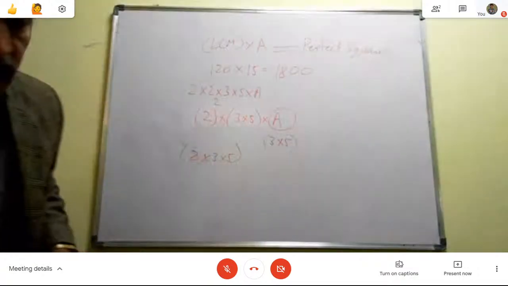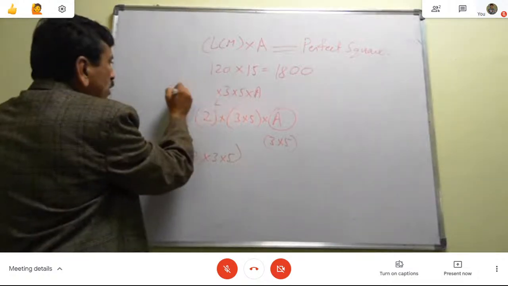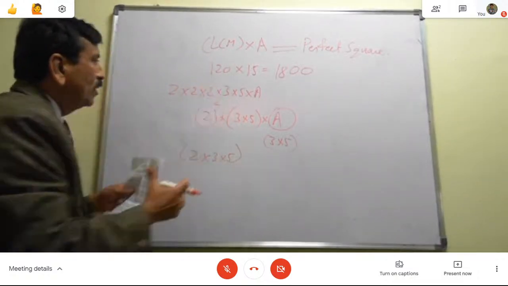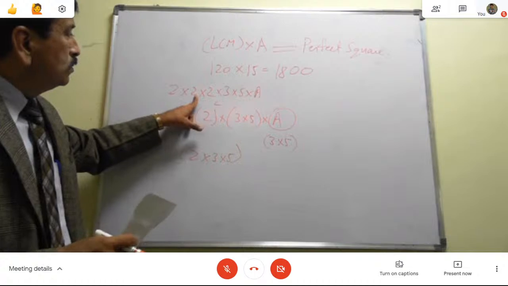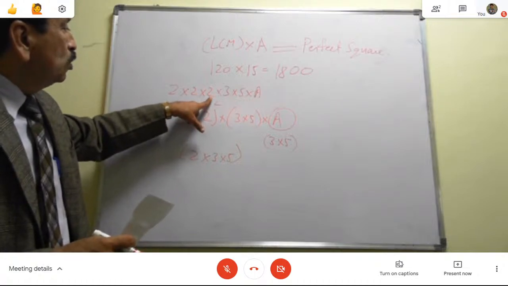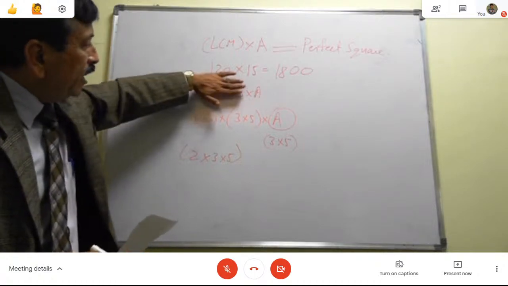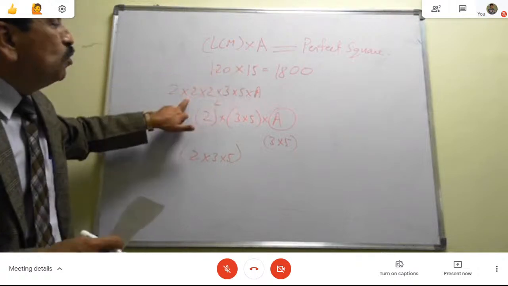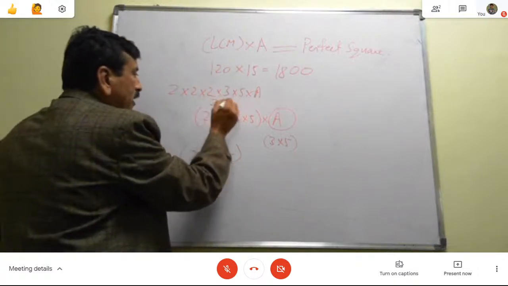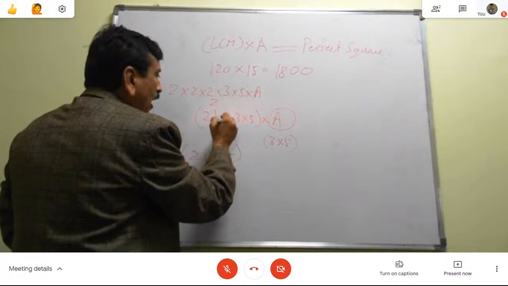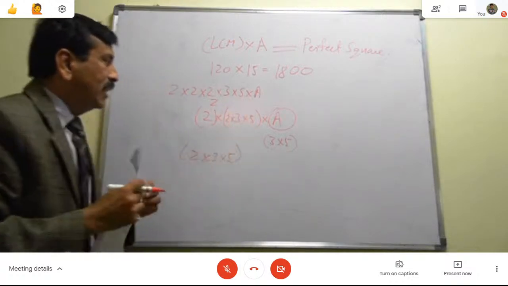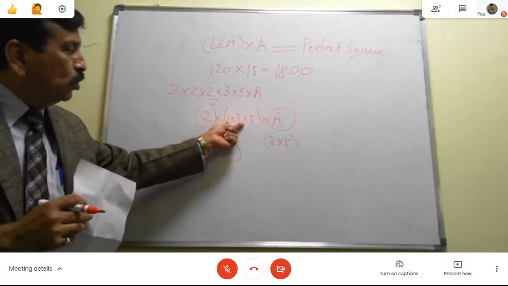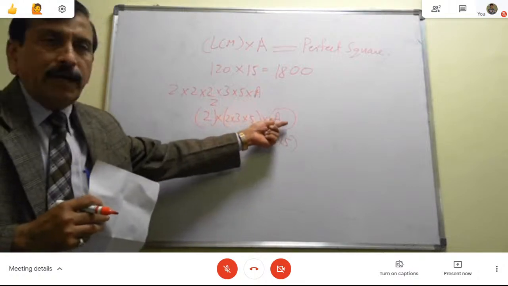Sorry, a 2 is missing. 120 is 2 into 2 into 2 into 3 into 5, since 8 into 15 is 120. So one 2 was missing. So I'll put it like this. Now it's correct: 2 square into 2 into 3 into 5 into 8.